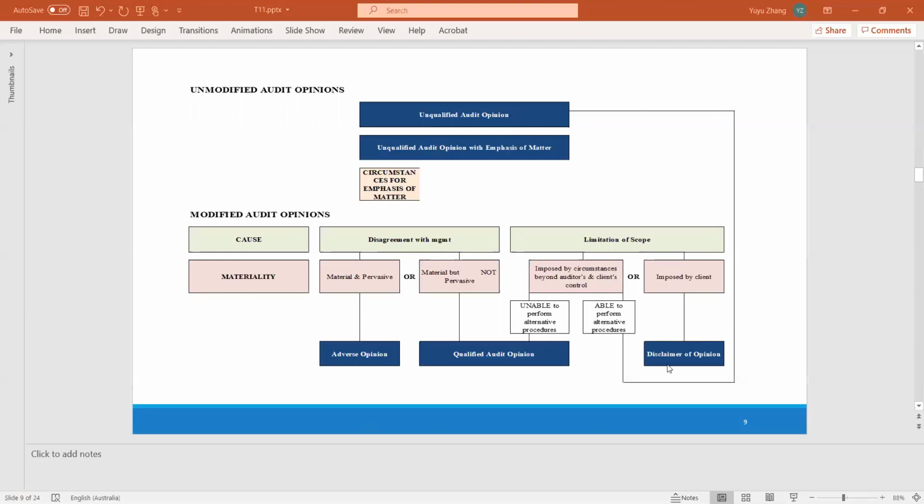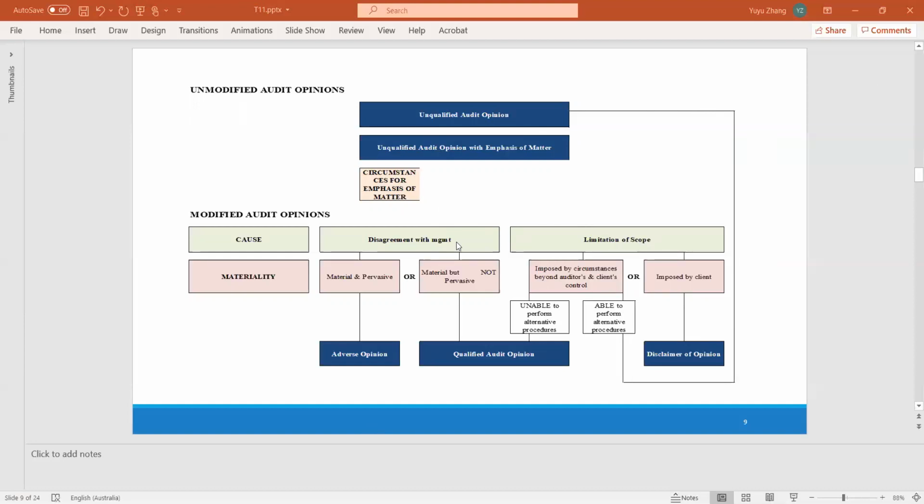So it is based on the classification on whether it is a disagreement with management or whether it is due to limitation of scope. For disagreement with management, we also could use another word, that is material misstatements.